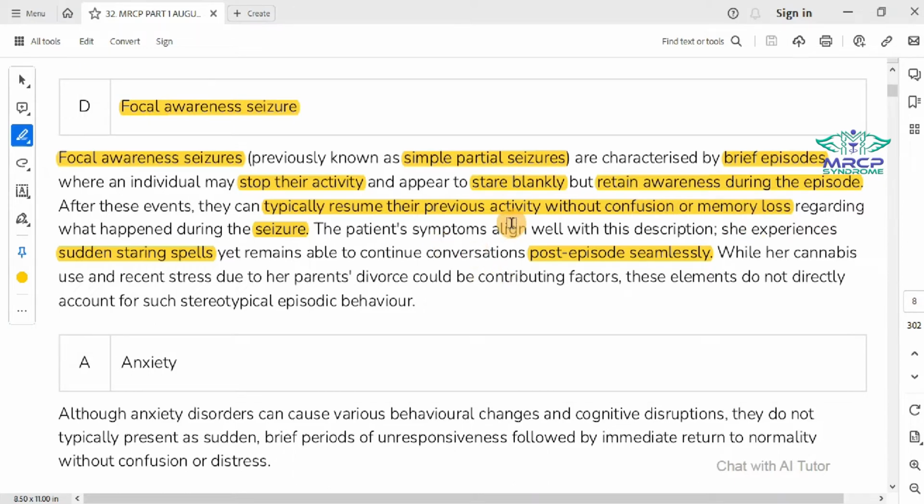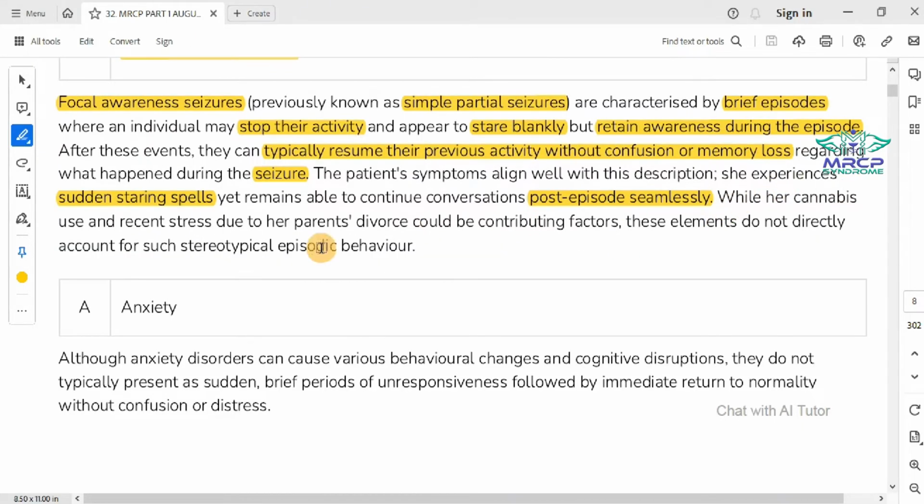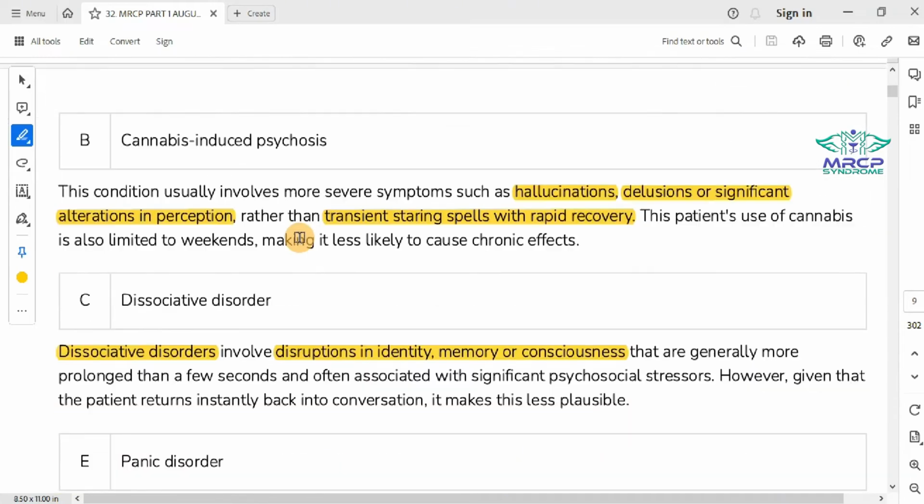The patient's symptoms align well with this description. She experiences sudden staring spells, yet remains able to continue conversation post-episode seamlessly. While her cannabis use and recent stress due to her parents' divorce can be contributing factors, these elements do not directly account for such stereotypical episodic behavior.